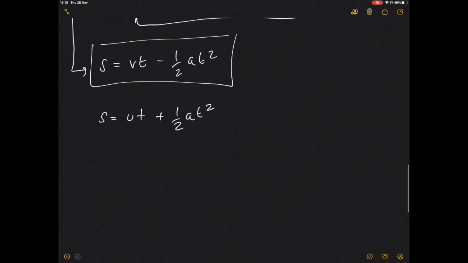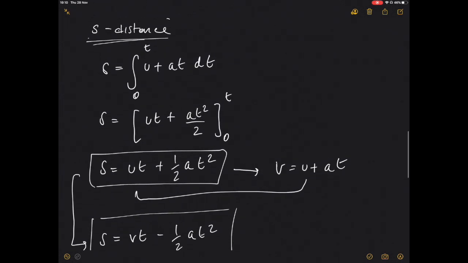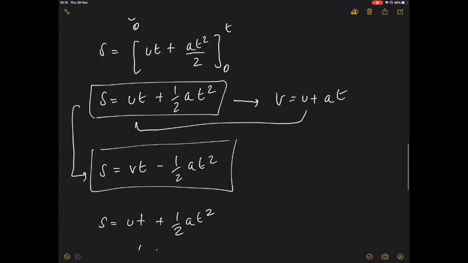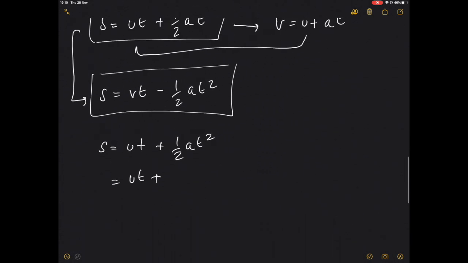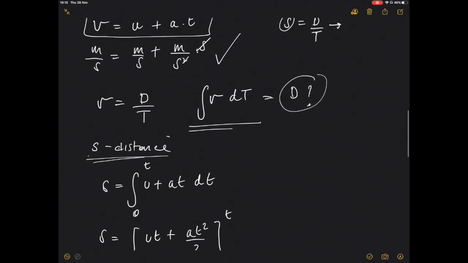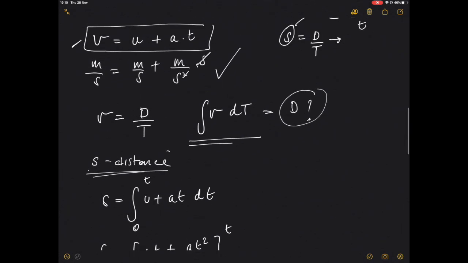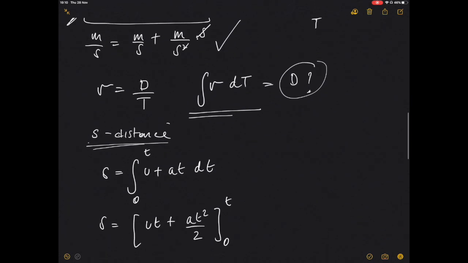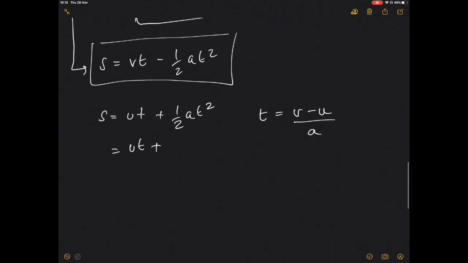We can bring our equation from earlier, and we can say that t equals v minus u over a, what we found out from this equation earlier on. So we can then stick this into this equation here.